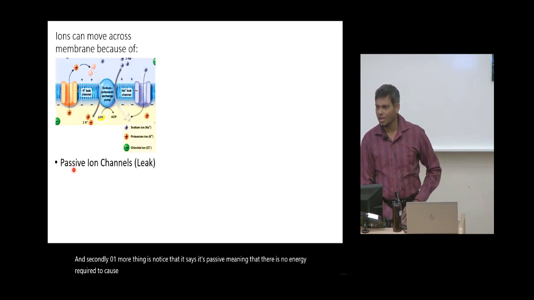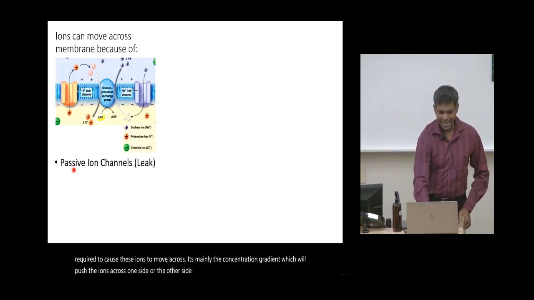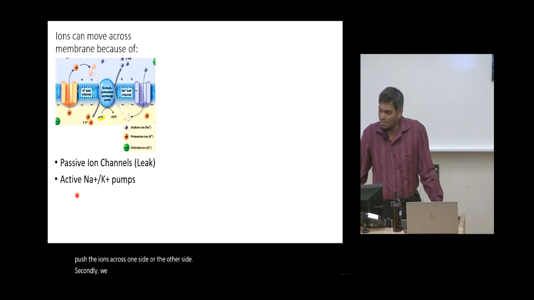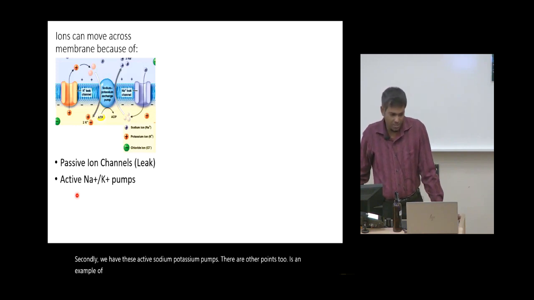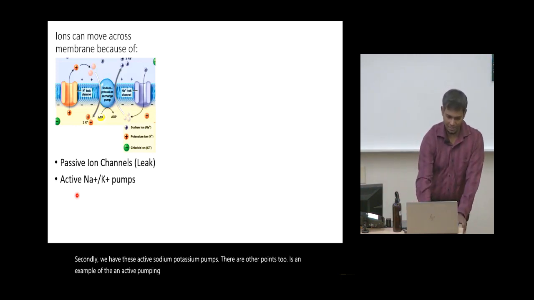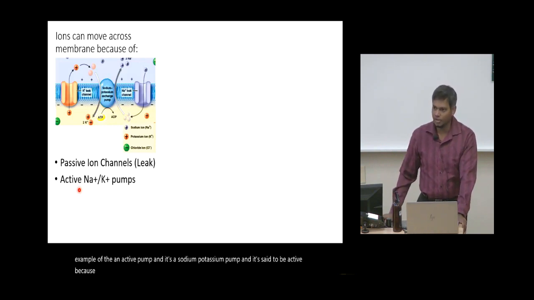It's mainly the concentration gradient which pushes the ions from one side to the other. Secondly, we have active pumps. There are other pumps too, but an example of an active pump is the sodium-potassium pump, and it's said to be active because it needs ATP in order to function.